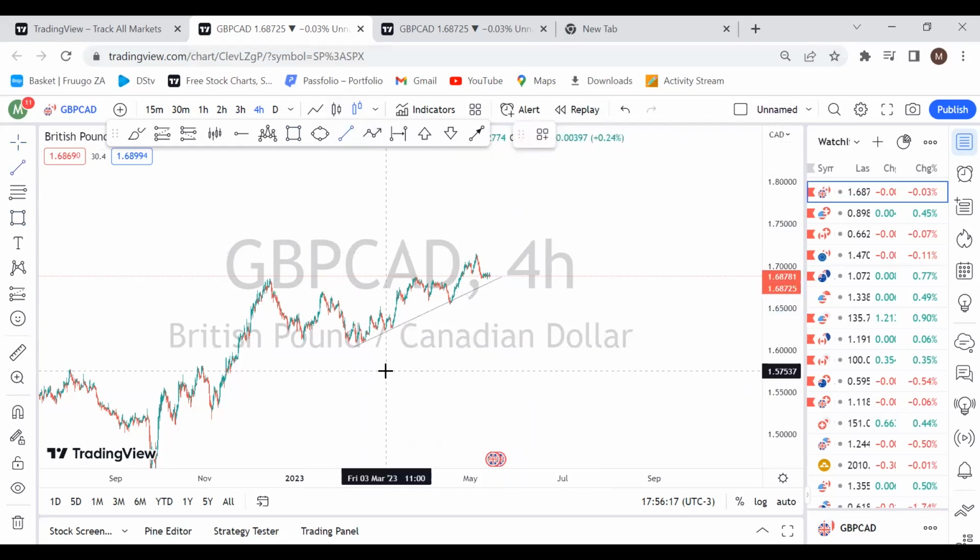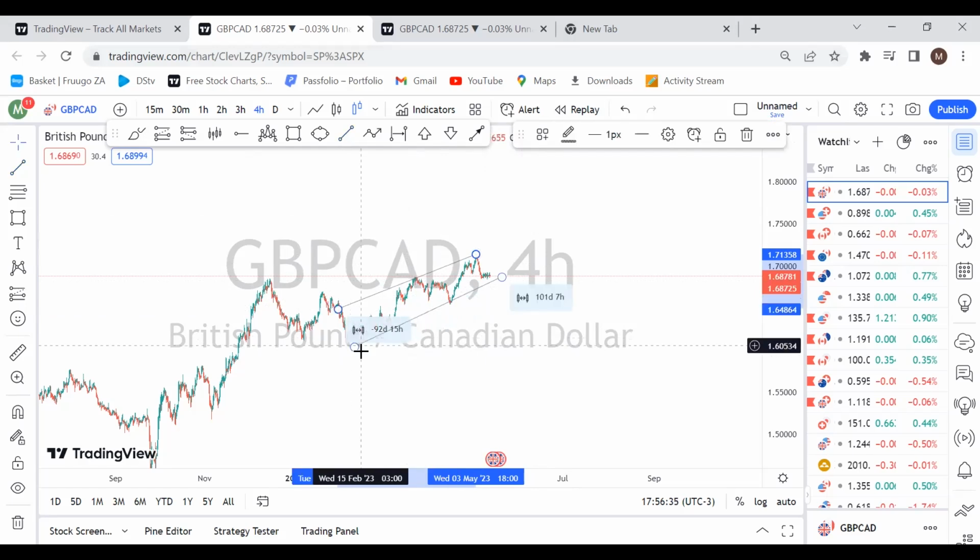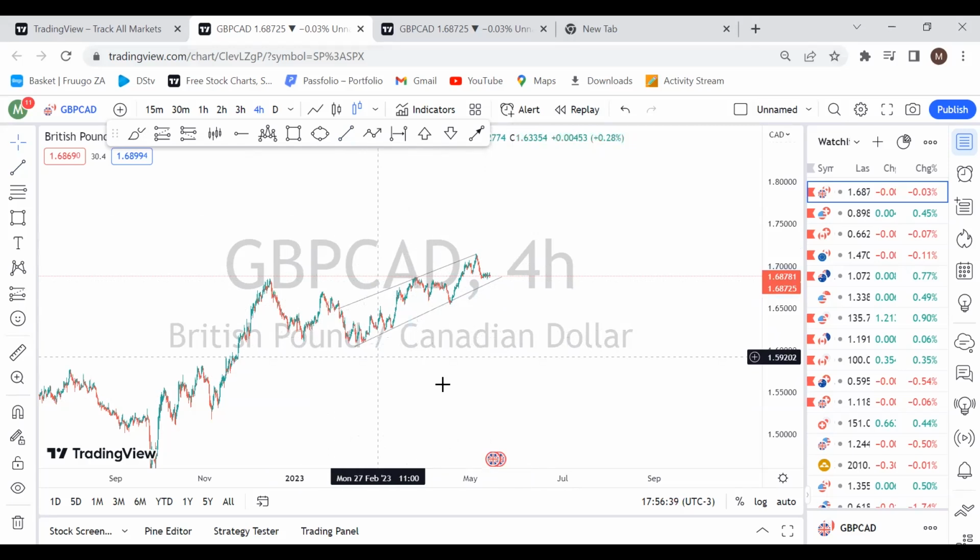So that's the support, and we have our resistance here. In terms of connecting your touches, usually when the structure is fully formed, I start with the third touch or the last touch, so basically backwards. It should look something like that. Even if it's not perfect, it's fine.